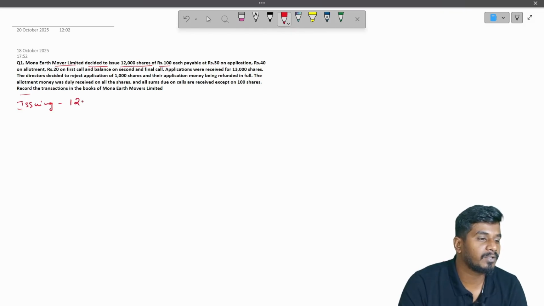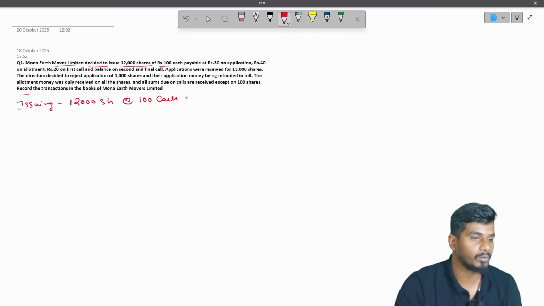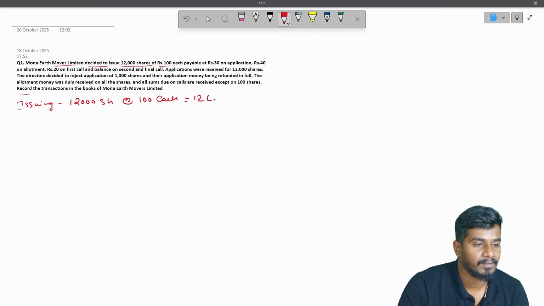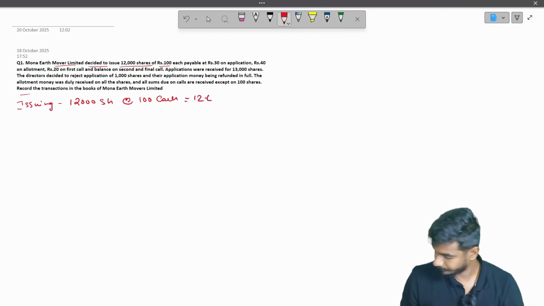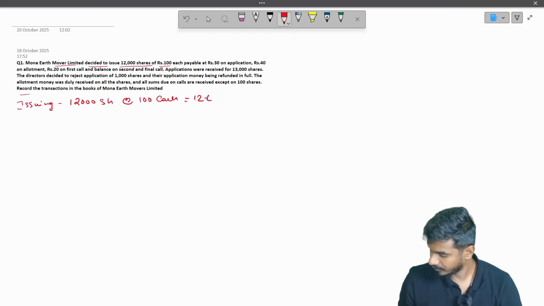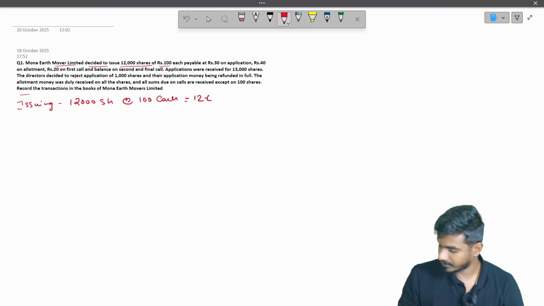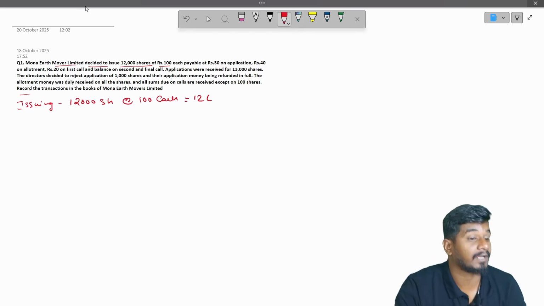They are issuing 12,000 shares at 100 each, which means it is 12 lakh. Let me calculate it once. Yes, it is 12 lakh.